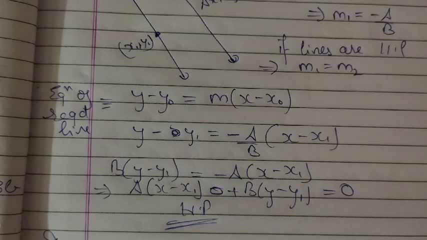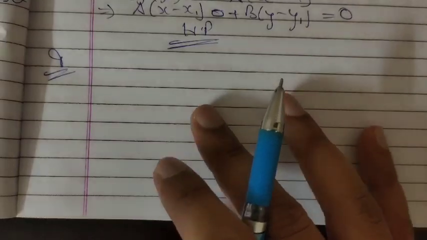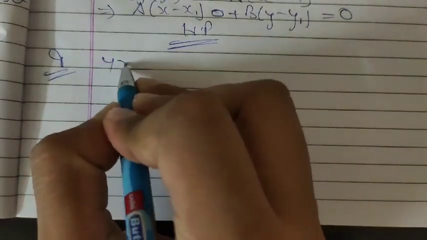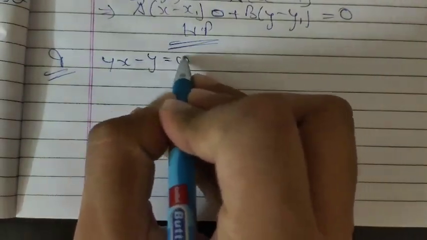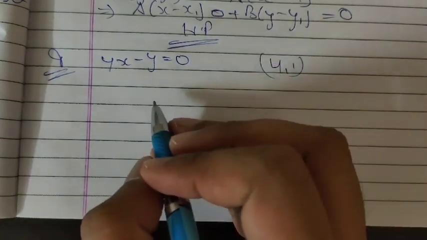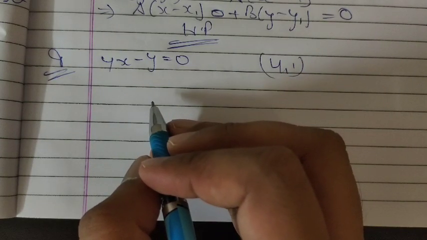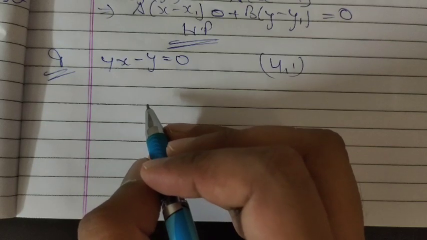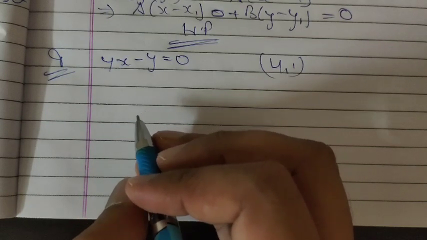Next, find the distance of the line 4x - y = 0 from the point (4, 1), measured along the line making an angle of 135 degrees with the positive x axis.